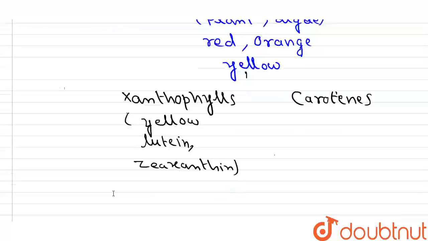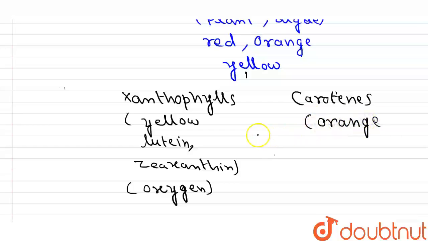Okay, students. Out of these two carotenoids, the xanthophyll contains the oxygen, whereas carotenes do not contain oxygen and are associated with more of an orange color.